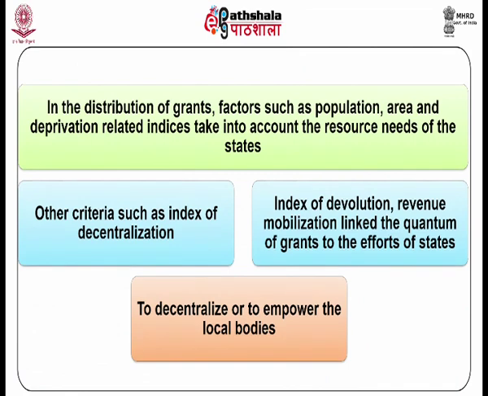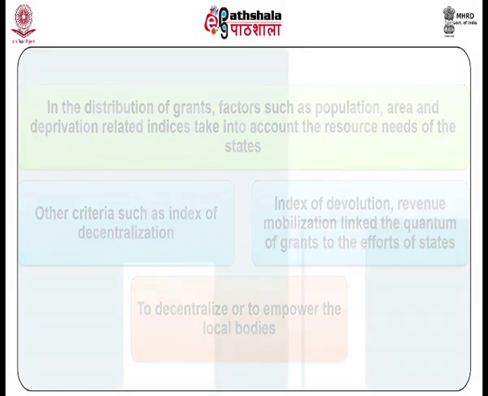In the distribution of grants, factors such as population, area and deprivation-related indices take into account the resource needs of the states. Other criteria such as index of decentralization, index of devolution and revenue mobilization link the quantum of grants to the efforts of states to decentralize or to empower the local bodies.